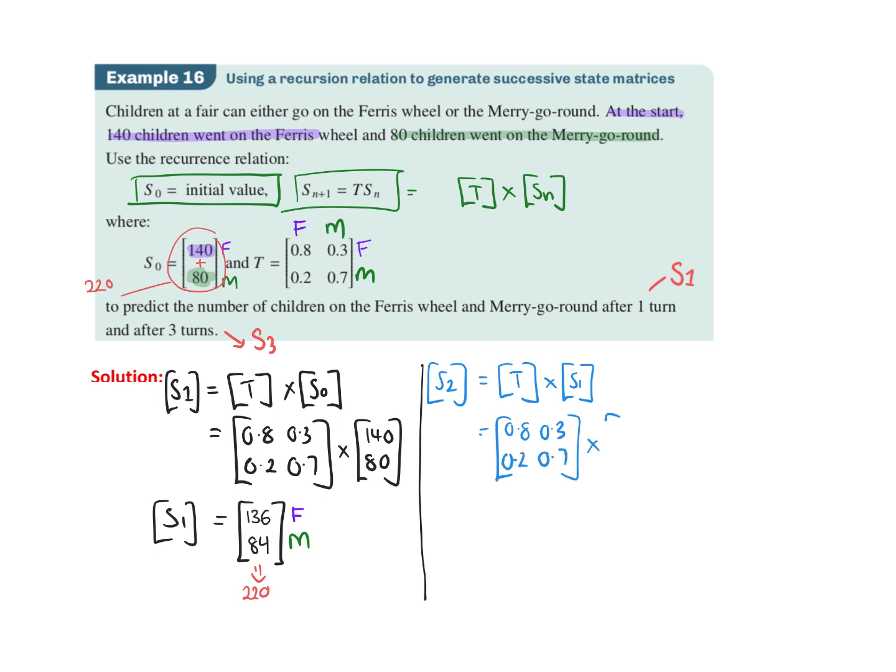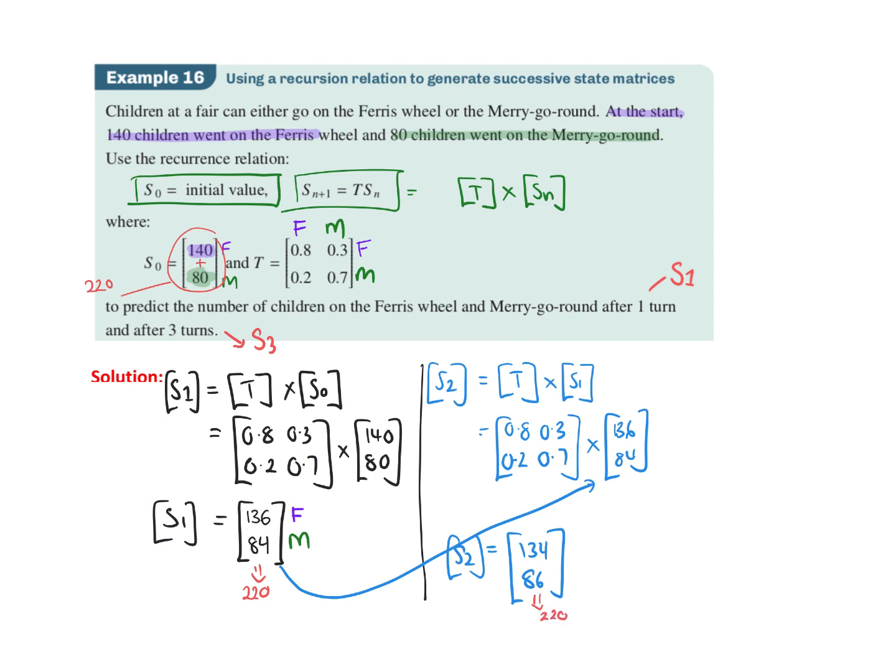And you times it by now S1. So S1 is here. So that's what's got to go in there. So it's 136 now and 84. And we end up with an answer. So hopefully if you did this on your calculator, you end up with 134 and 86. And those numbers would add up to 220.